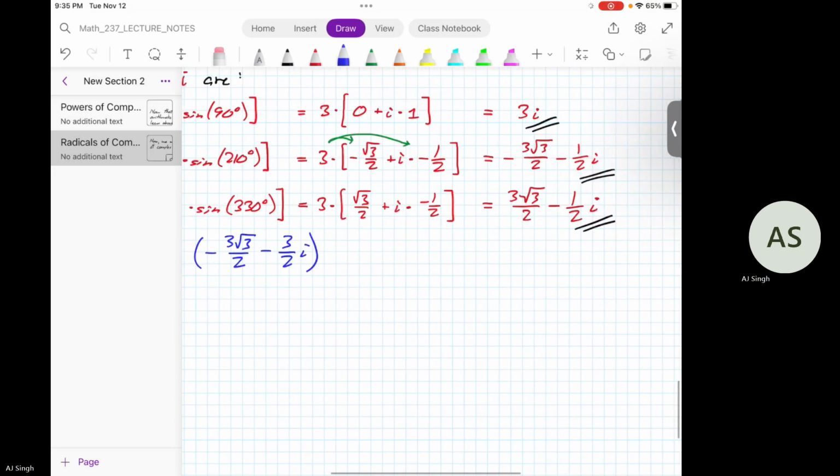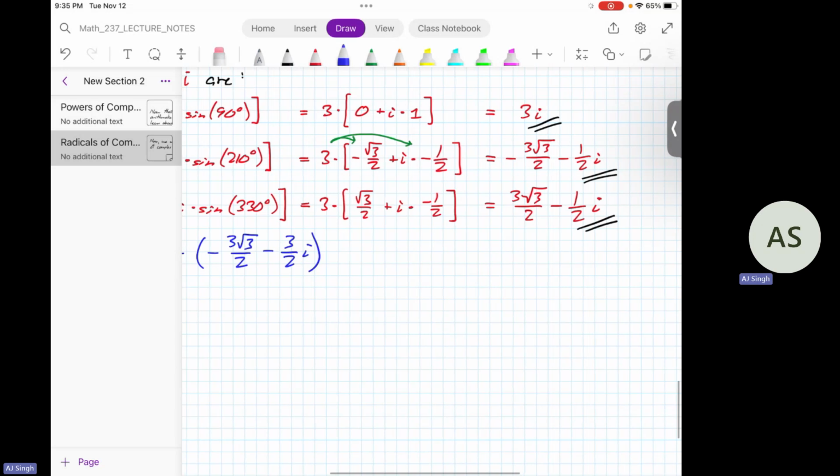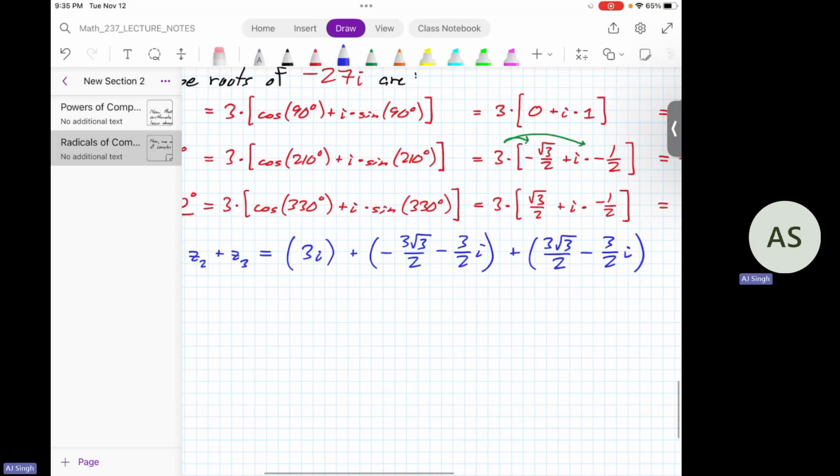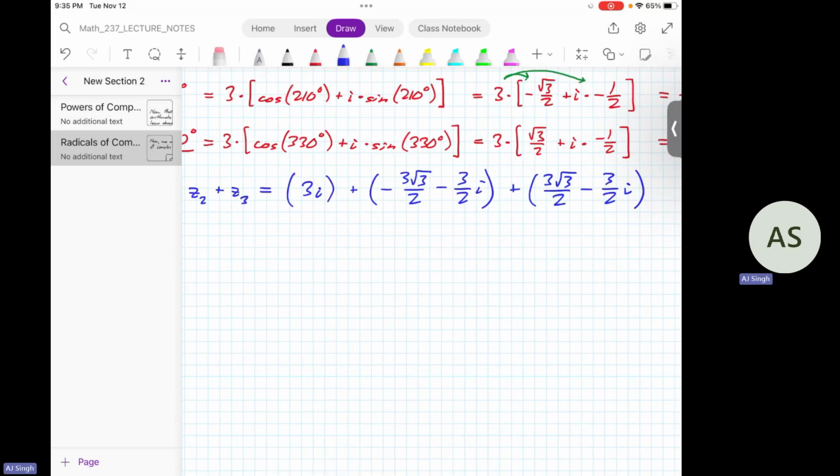Oh, I'm missing 3's. Right there and there, those ones should be threes, right? My bad. 3, 3. Then plus Z3 is that. So these blue guys somehow are going to add to 0.